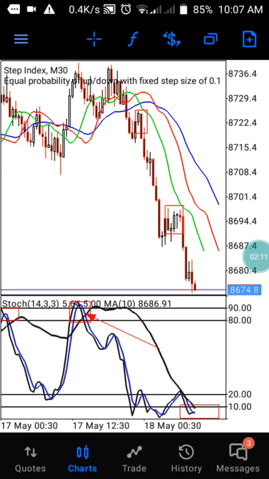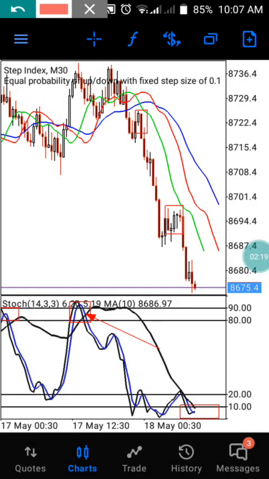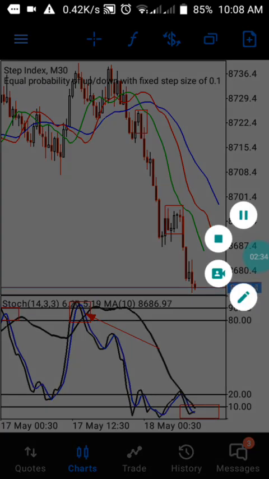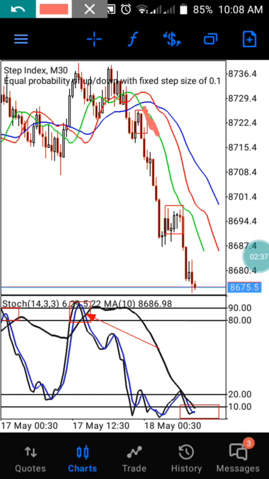On the 30-minute time frame, you need to understand how this alligator works on your main chart. We have three alligator lines at this particular moment: the green one, the red one, and the blue one. Anytime the green line is crossing on a downtrend, like what we are having here, anytime you see the green line crossing over the two alligator lines and moving down first, that means we have our market on a downtrend.